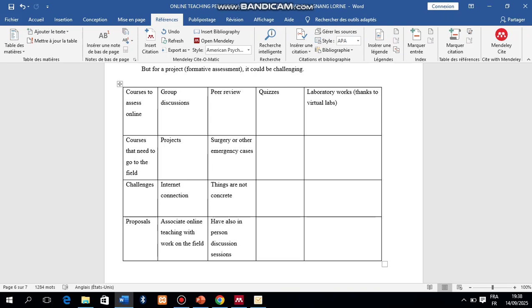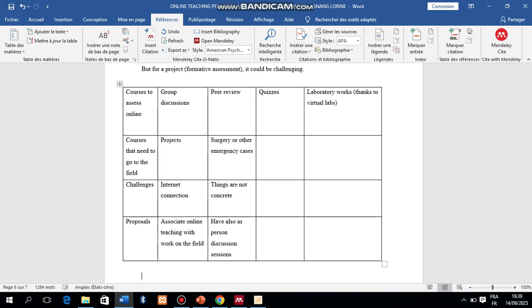We clearly noticed that the students say that there are courses that can be accessed online, like group discussion, peer review, quizzes, laboratory works, because we have now virtual labs. But there are some courses that need to be on the field, like projects, and things like surgery, things that need to be done in a hospital or in an emergency case.